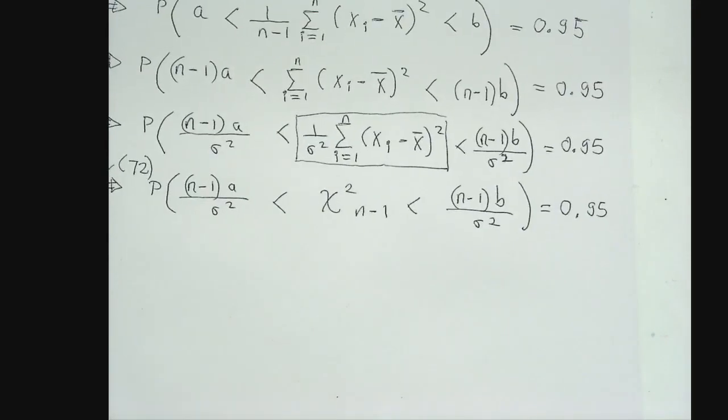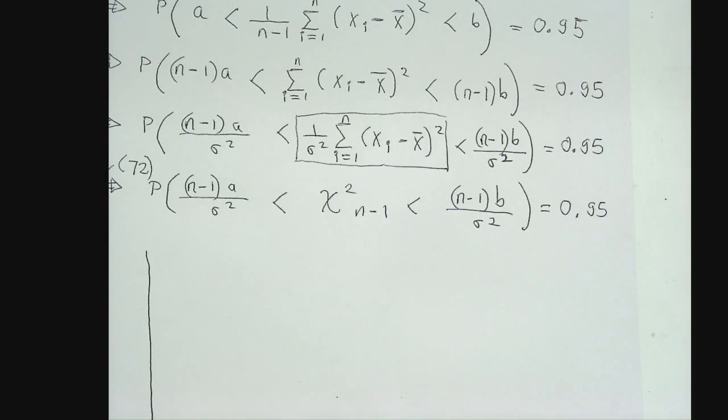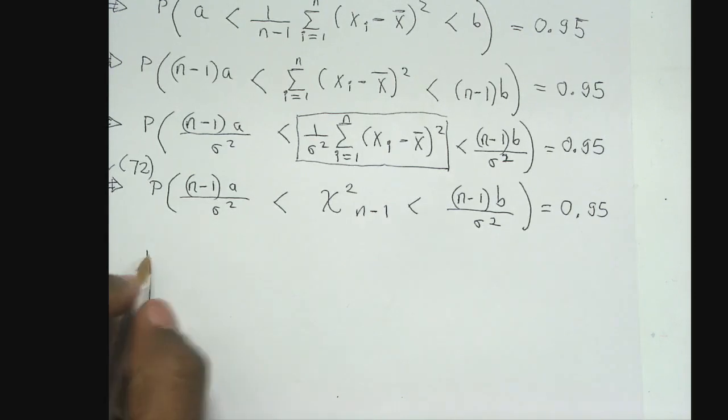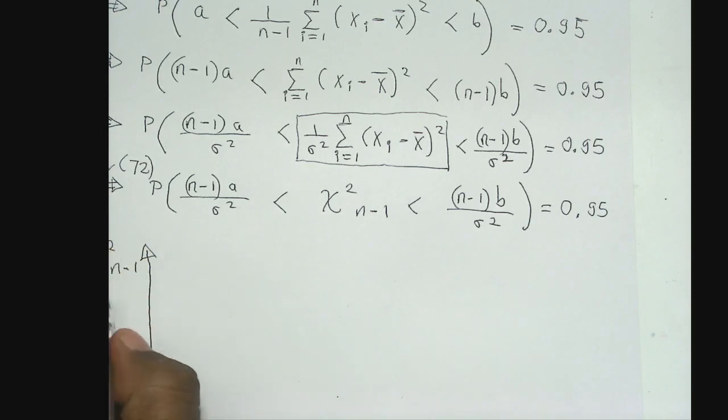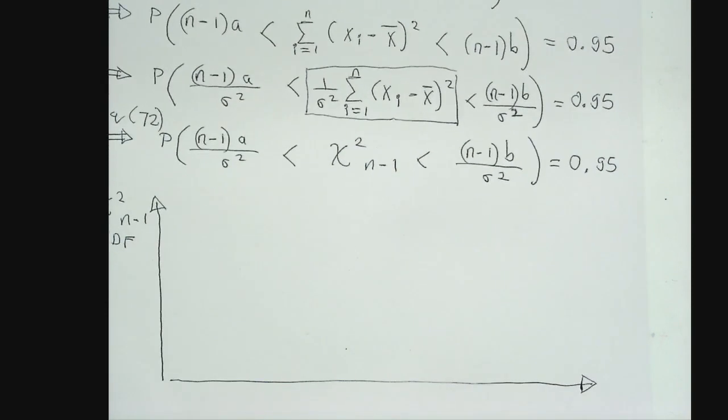Okay. Now, I'm going to draw a plot here, guys. Just bear with me. Typically, the shape of a chi-squared density function looks something like this.